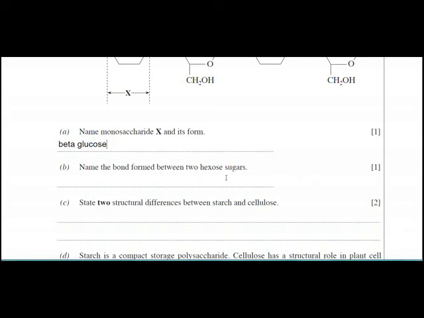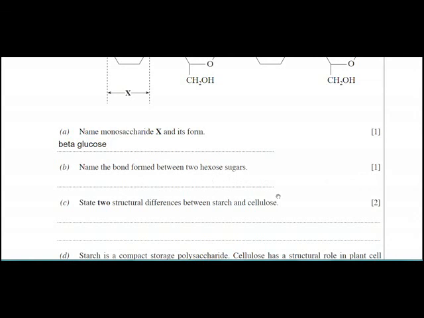Remember that there are many ways to classify sugars. One way is to classify them according to the number of carbon atoms they have, and that's what's going on here. A hexose sugar is a sugar that actually has 6 carbons in its structure.